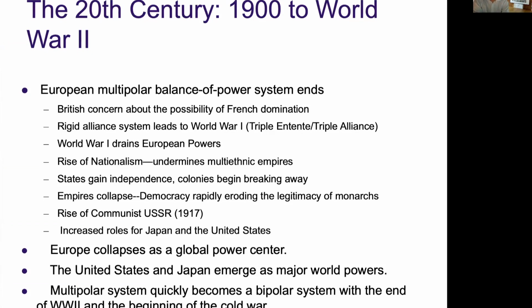Previously we had a situation where the British Empire was a hegemon, but at the end of the 19th century and the beginning of the 20th century, this power structure of the British Empire became less and less important. But European powers on a global stage still dominated world politics. So we had a multipolar system where the British were concerned about the possibility of the French becoming more important and dominating the situation.